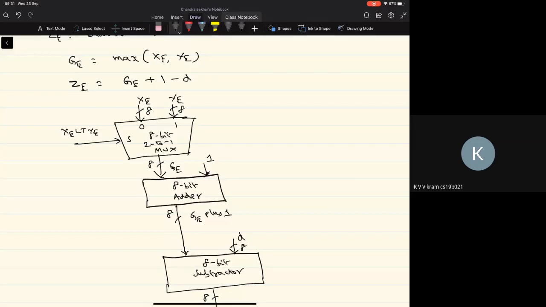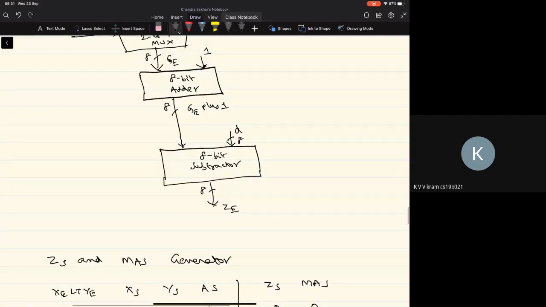So we add this 1 to GE and get GE plus 1, which is nothing but the sum of GE and 1. And once D is available, we subtract this D from this GE plus 1, and that will give us ZE, which is nothing but GE plus 1 minus D.